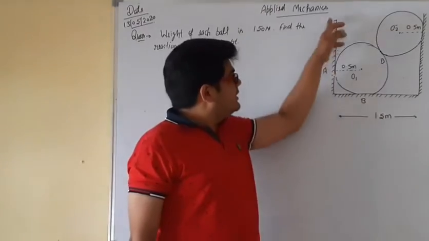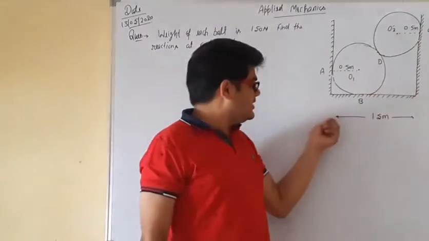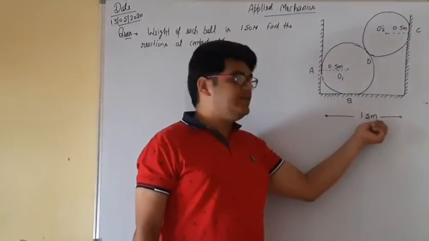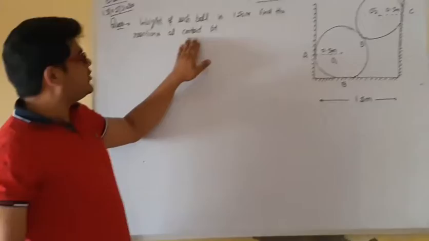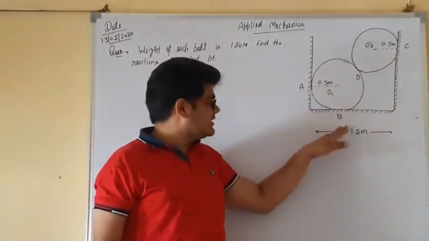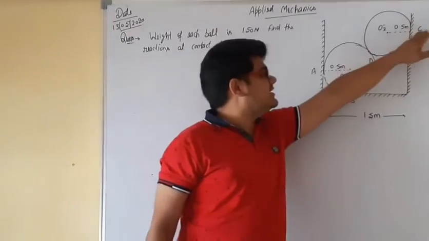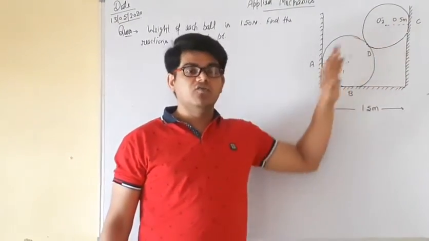They are put in a rectangular box. The length of the box is 1.5 meter. Find the reaction at the contact points, that means the reaction at A, B, C and D. There are four reactions.